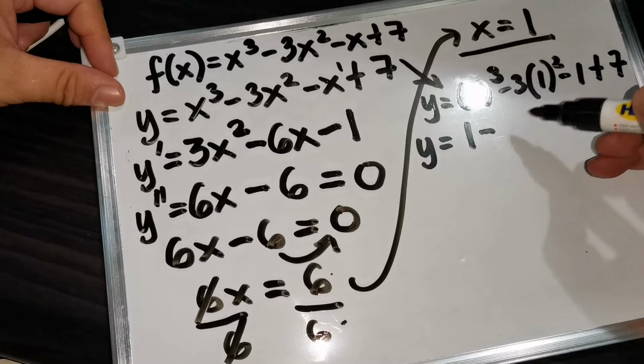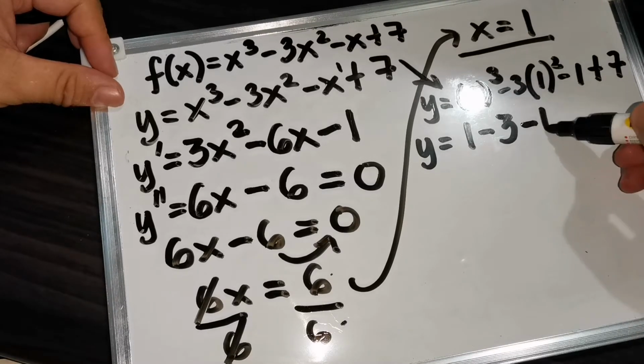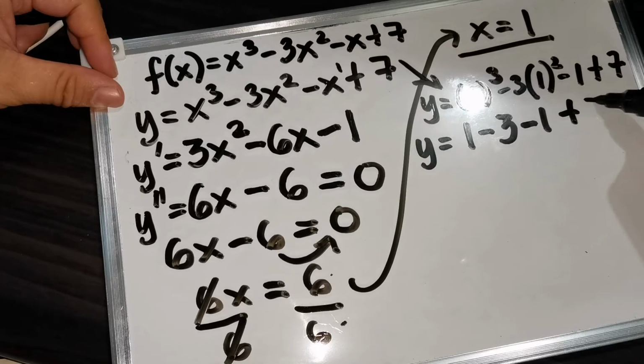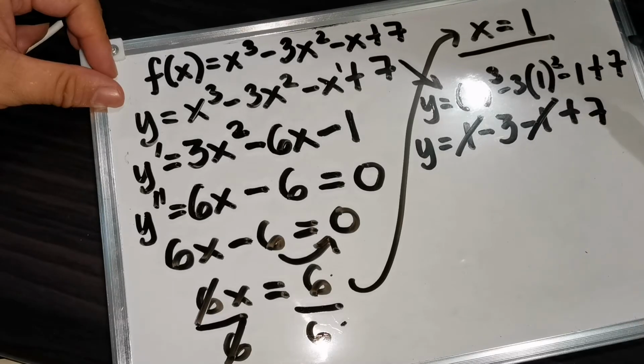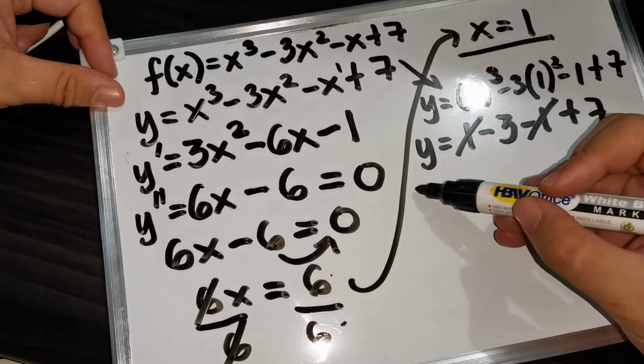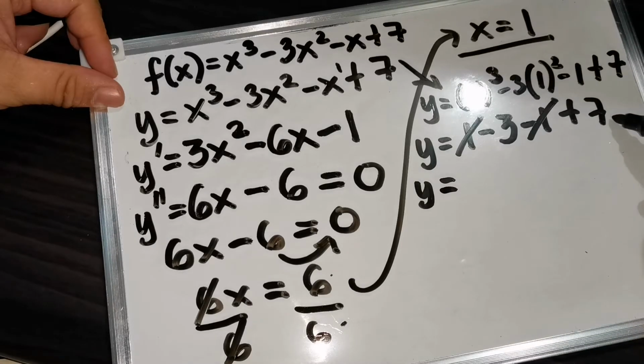It's 1 multiplied by negative 3. So it's negative 3 minus 1 plus 7. So there's a positive and negative 1 there. So it will be cancelled out. So your y now is equal to negative 3 plus 7.